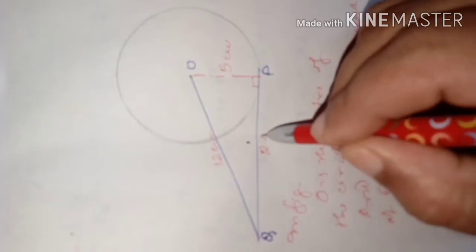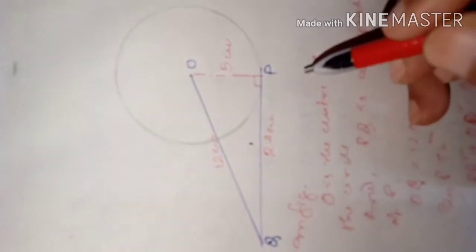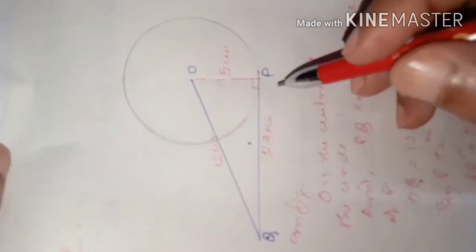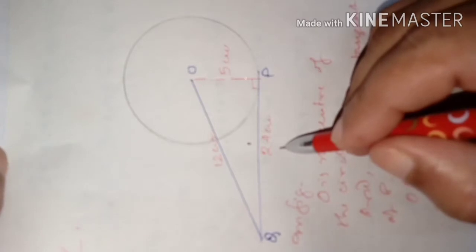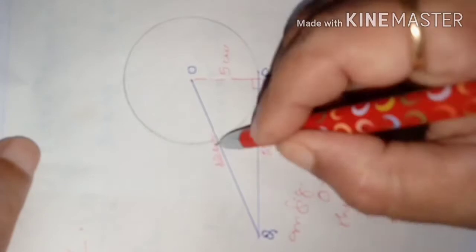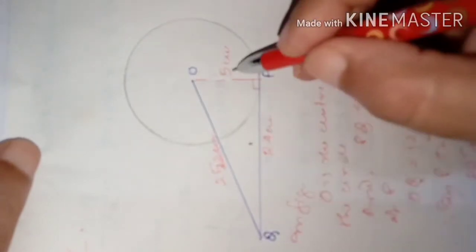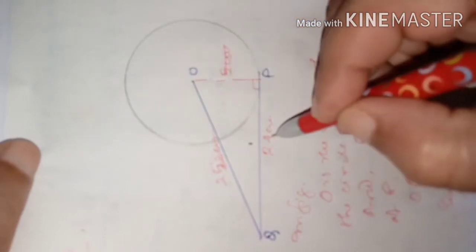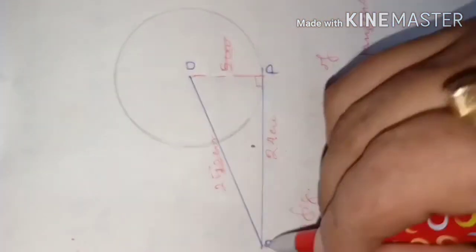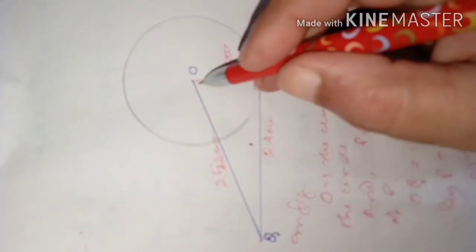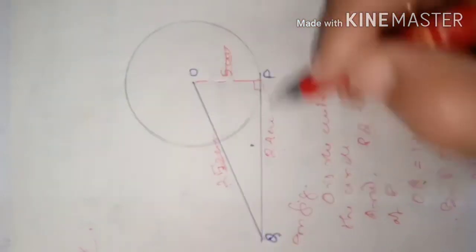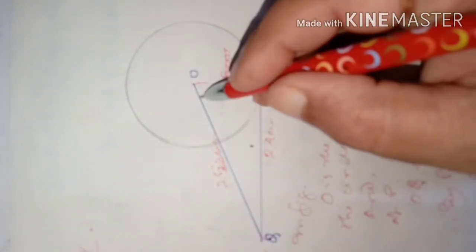This number is given to you, 24 centimeter. Then the distance of Q from the center is 25. This side is 25. What is the radius? Use your Pythagoras theorem, that OP square plus PQ square equal to OQ square.